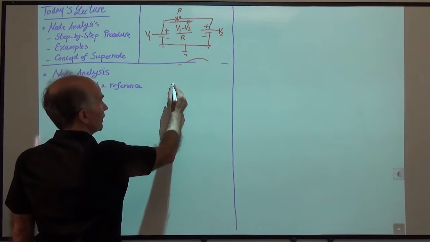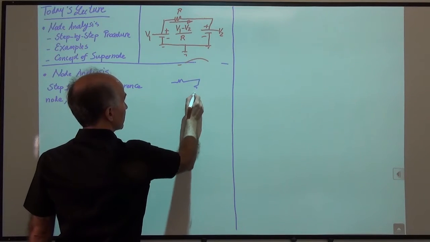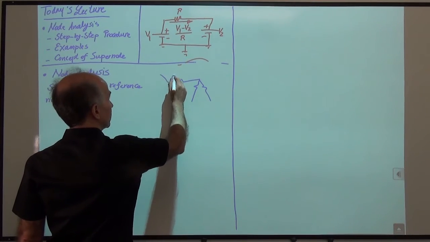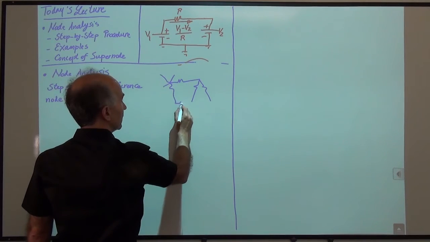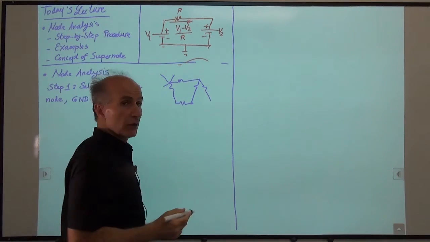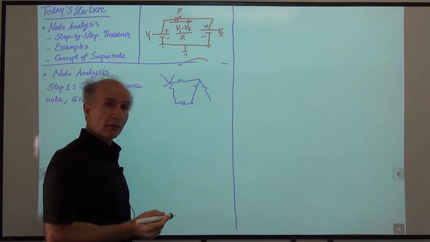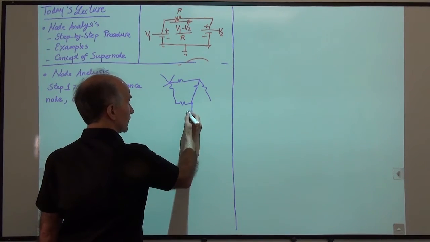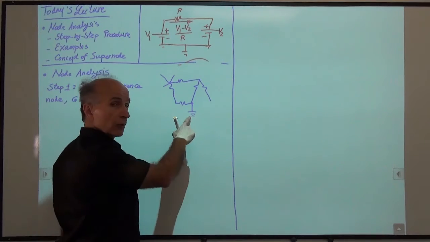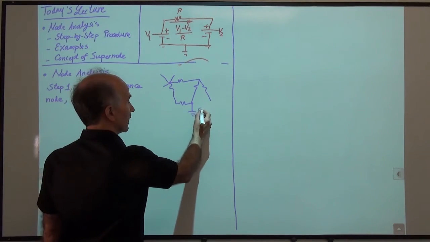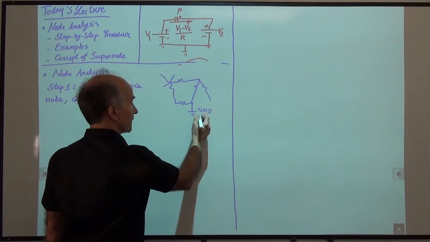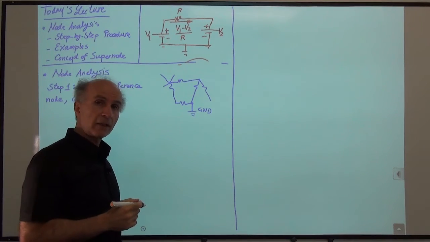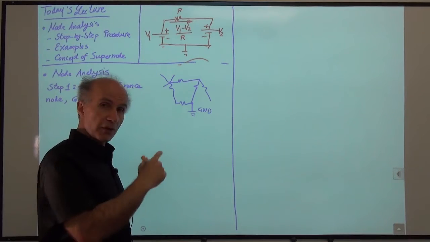So suppose we have some general circuit, we have various devices and lots of nodes and so on, and we come along and select one node to be ground, to be the reference. Any node will do, so we can pick one node here. This is the symbol for ground, so we will use that from now on to indicate that this is our reference. And next, we assign voltages to these nodes.